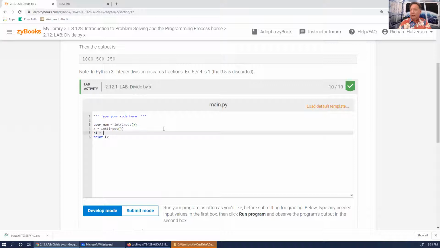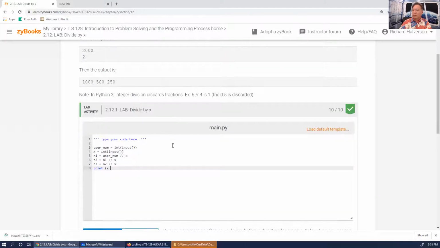N1 equals user num divided by x, and N2 is equal to N1 divided by x, and N3 is equal to N2 divided by x, this integer divide. And then you can just print N1, N2, N3.